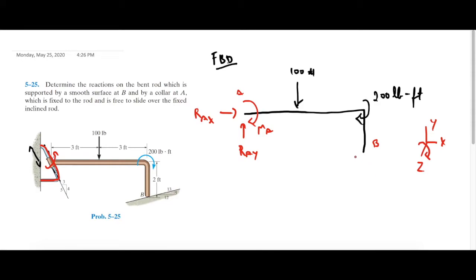So the only force that actually exists, and again, I should probably draw this the convenient way, and that's not how I'm going to keep it. Let me call this RBY and RBX, right? So this contact here should have a reaction in the X direction and a reaction in the Y direction, right?